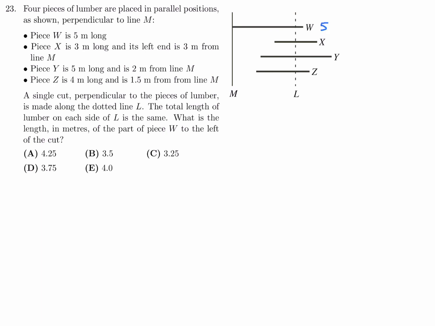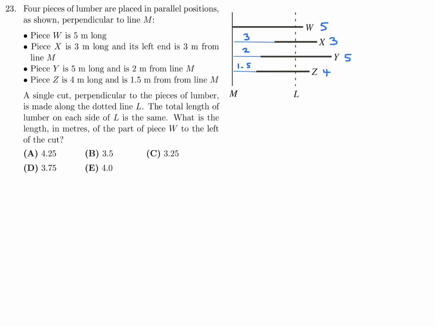Piece X is 3 meters long, and its left end is 3 meters from line M. Piece Y is 5 meters long, and it is 2 meters from line M. And piece Z is 4 meters long, and it is 1.5 meters from line M. A single cut perpendicular to the pieces of lumber is made along the dotted line L. The total length of the lumber on each side of L is the same. What is the length in meters of the part of piece W to the left of the cut?